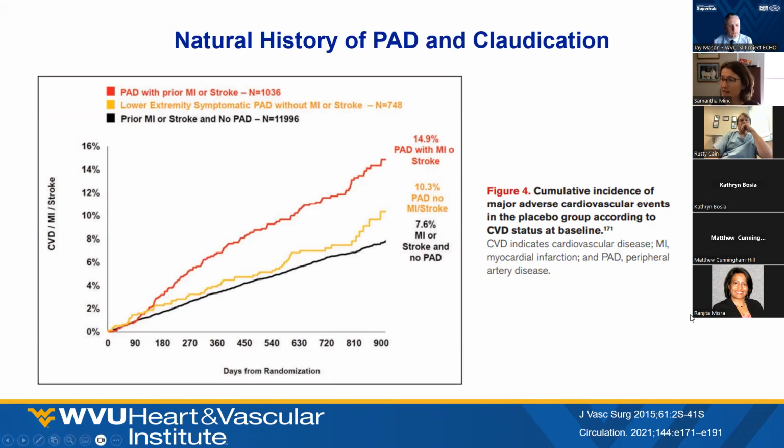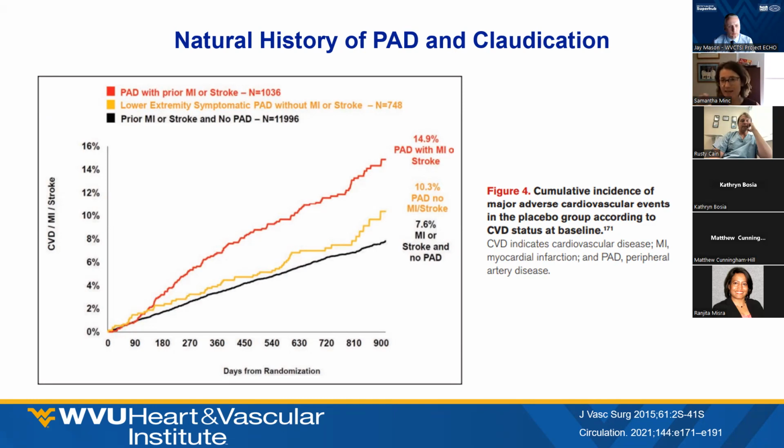The FOURIER study looked at the fancy new PCSK9, the new injectable cholesterol drugs. So this is a fairly recent study, and they happened to do a subgroup analysis. They looked at people over 2.5 years that had either a history of a heart attack or stroke but no history of PAD, or a patient with PAD that had either a history of heart attack or stroke or none.